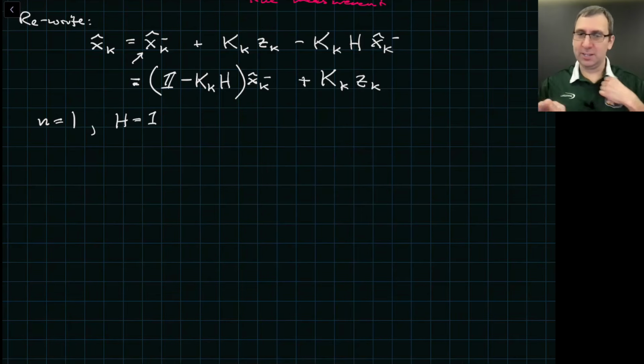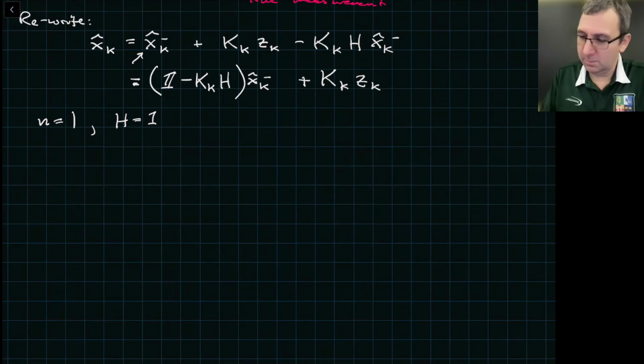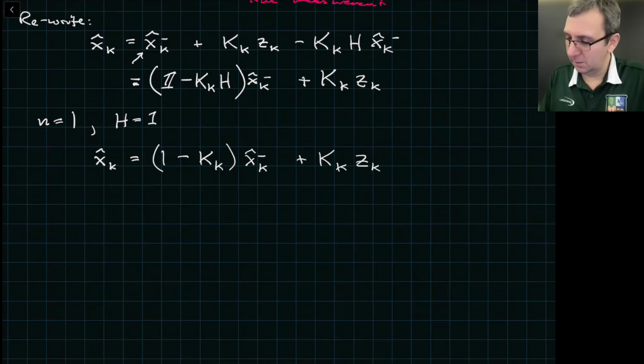And that's okay. It doesn't really change the argument I'm going to make. So if I have that in there, then this is xk equals 1 minus k at time k, times xk minus, plus k times that.